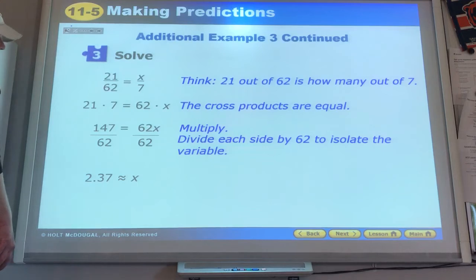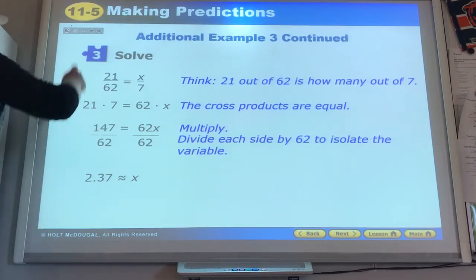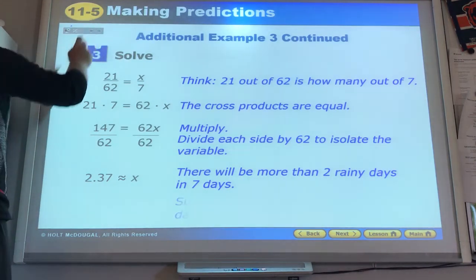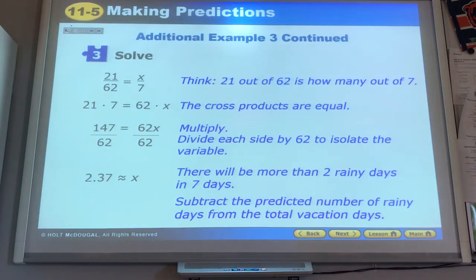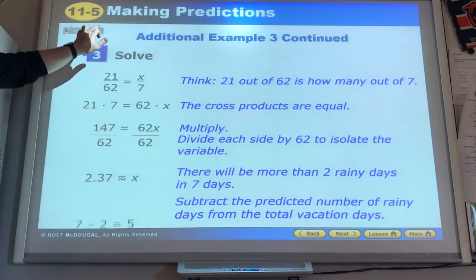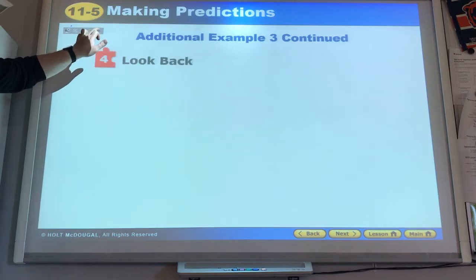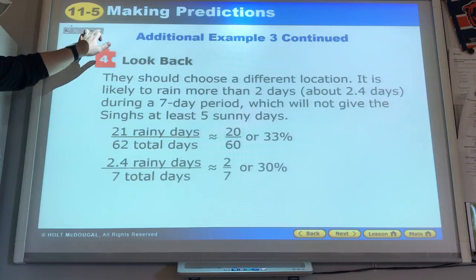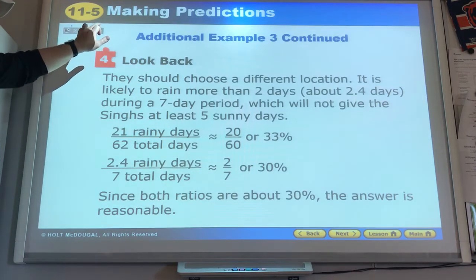That's how many days they will have that are rainy in a 7-day average. So that's more than 2 rain days, and they don't want to do it. They were just giving you a way to compare, as was I. Okay? So, look back. Since both ratios are about 30%, the answer is reasonable.